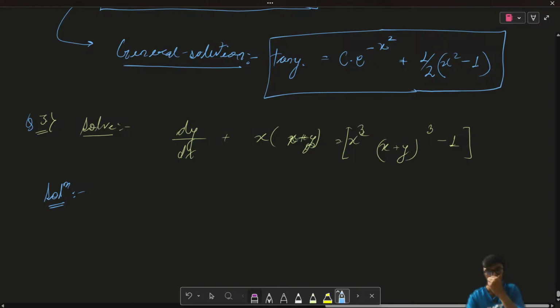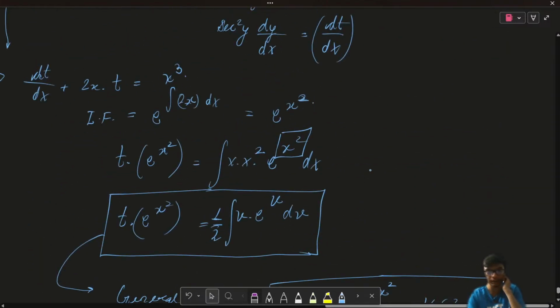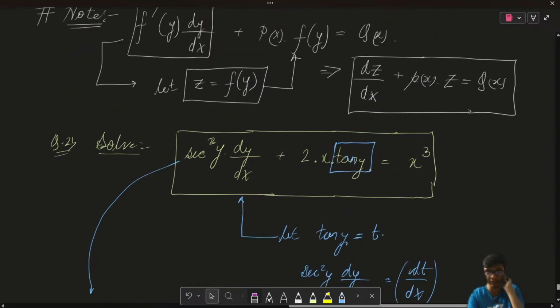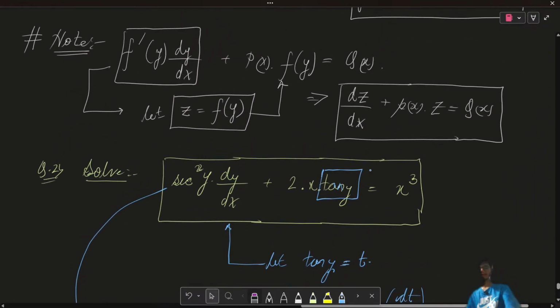Previous question. Srey, over here in the previous question, if I look at this particular differential equation, it is not directly a linear differential equation. In order to make this a linear differential equation, I must have not a function but only y over here. But over here, I have a function of y.